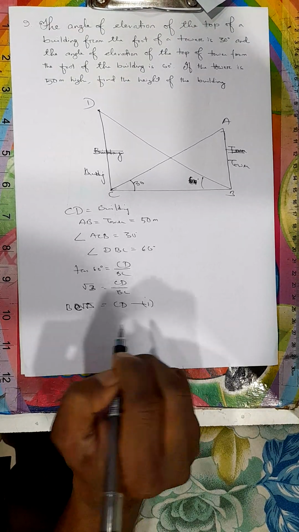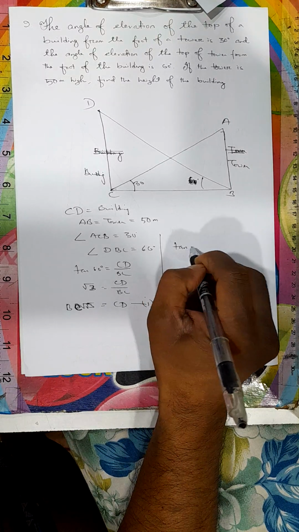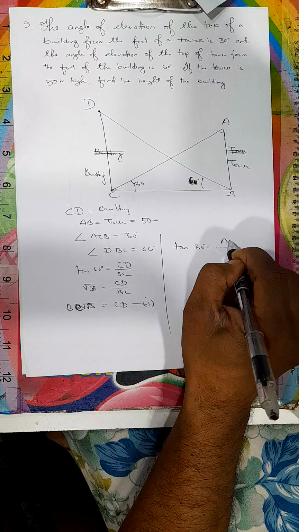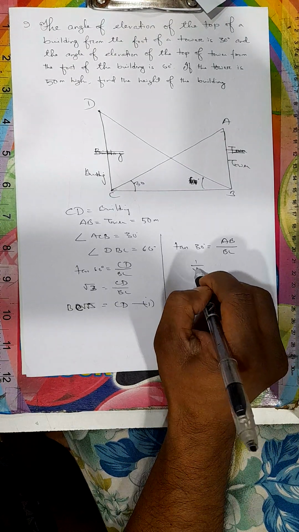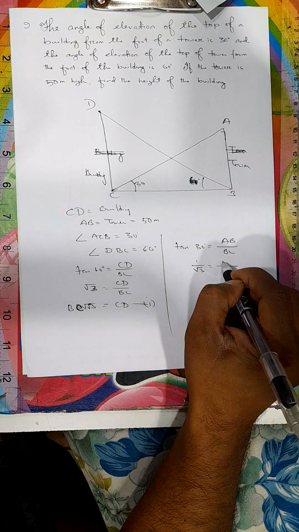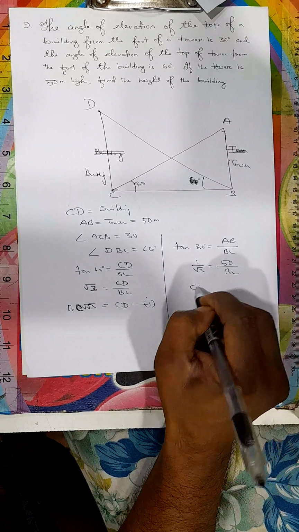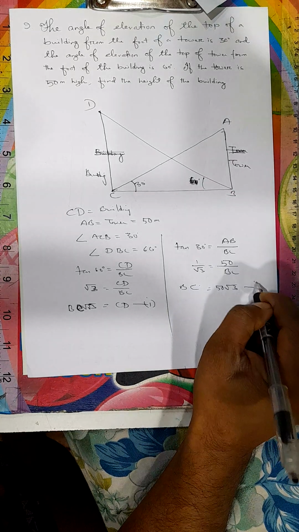This is 1. Again tan 30 degrees equal to opposite by adjacent. Tan 30 degrees means 1 by root 3. AB means height of the tower 50 meters by BC equal to 50 root 3. This is 2.